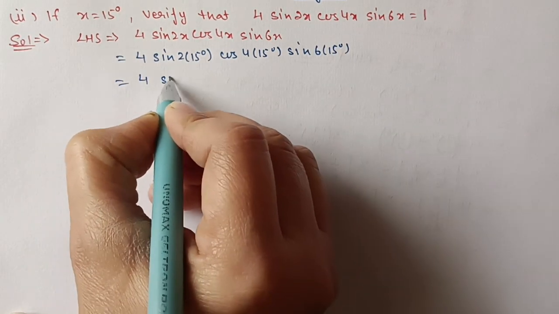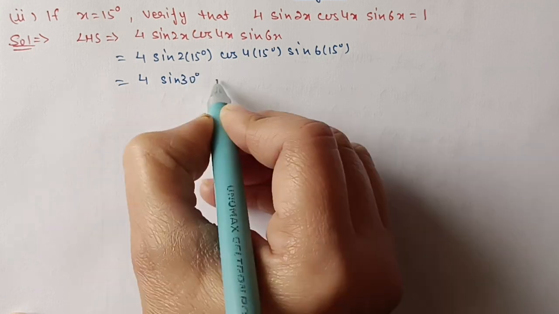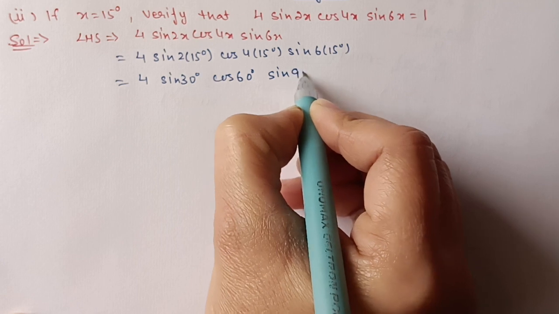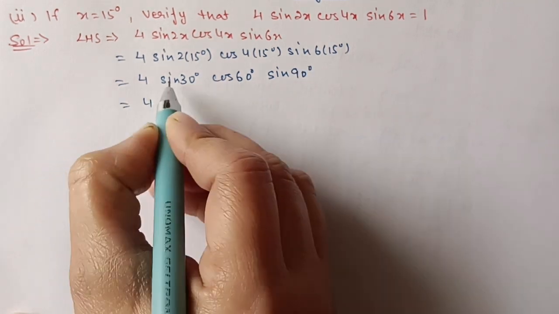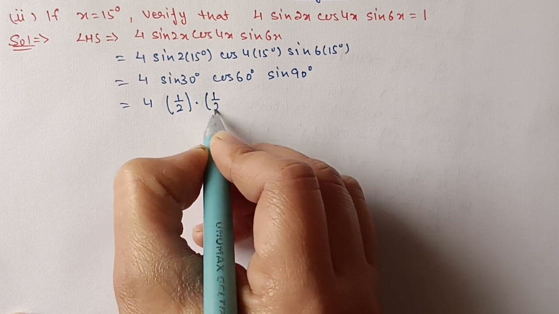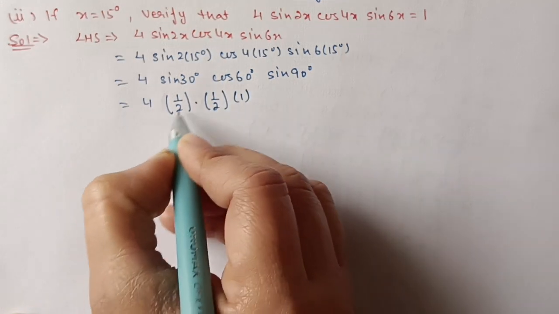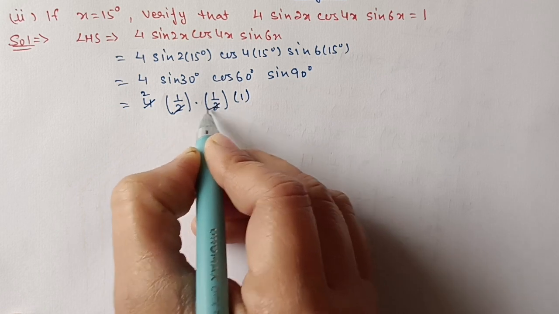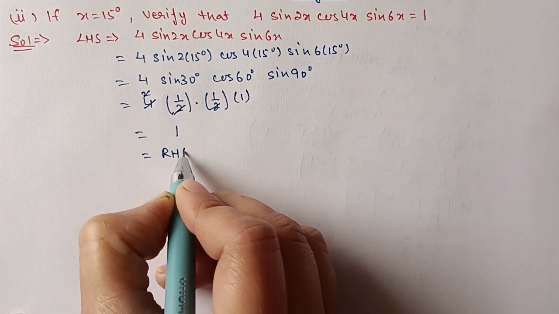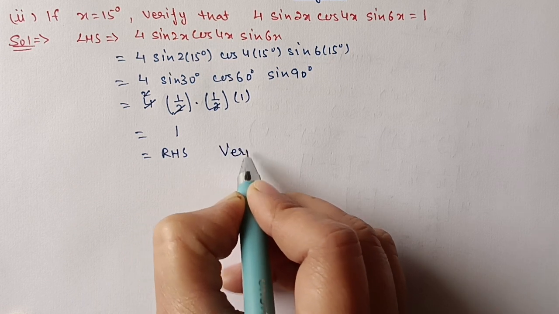So 4 sin 30, cos 60 and sin 90. Now substitute values of these. Sin 30 is 1 by 2, cos 60 is 1 by 2 and sin 90 is 1. Cancel with 2. So finally we are getting 1, equal to the right side. Hence it is verified.